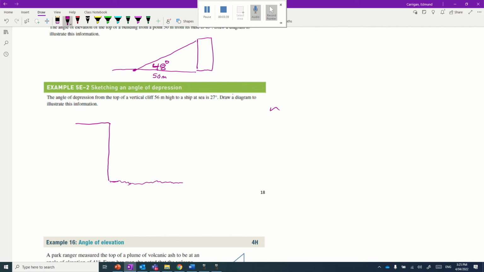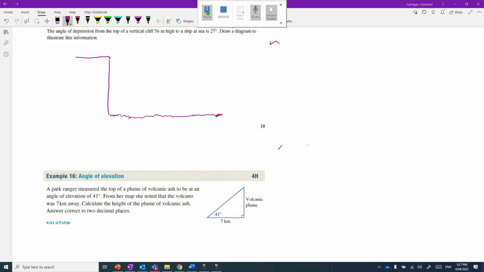Here's my sea, and a ship at sea is out here somewhere. Let's do our ship. I could draw a ship, I guess. There's my ship.